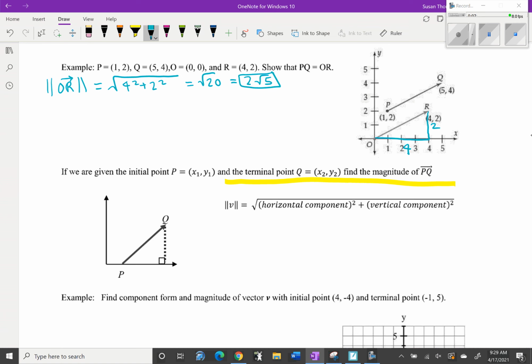So now we have to check the magnitude for PQ. So in checking magnitude, we can make our right triangle again. So now we have to subtract our coordinates since we're not at the origin in standard position.